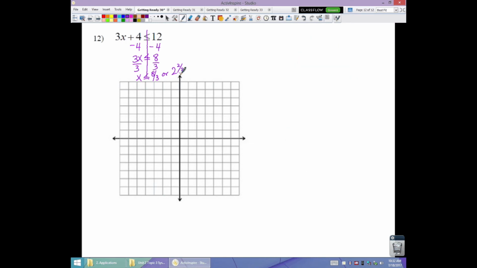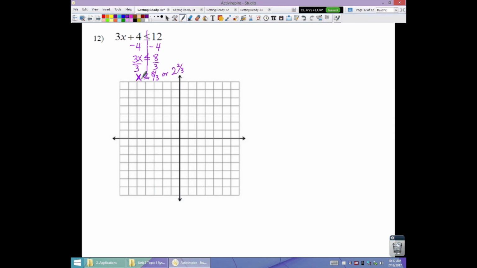Okay. So how do I graph the line that only has an x in it? I can't put it into slope-intercept form. Well, that's because there is no slope of a line that has only an x. Those are vertical lines.